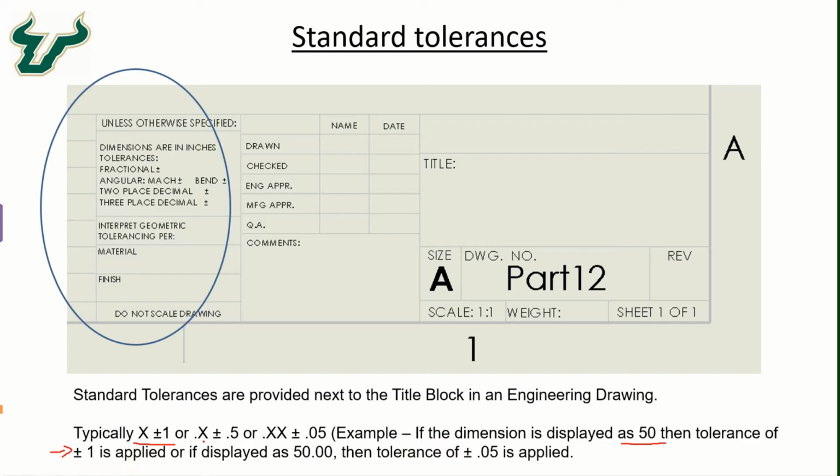Or if the number of decimal places is just 1, say point x plus minus 0.5, which means that if the primary dimension is assigned as 50.0, then the tolerance will be plus minus 0.5 for that, and so on. So you would notice the tolerances information assigned in the title block of your engineering drawing.